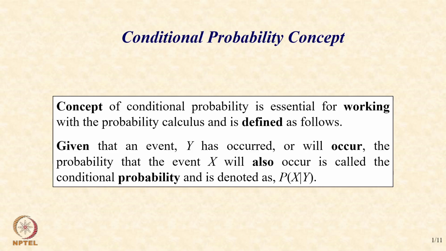So, essentially what we are saying is that what is the probability of this hypothesis x if there is an evidence which is going to come or has come which is y. So, this is how we look at this whole problem of conditional probability.